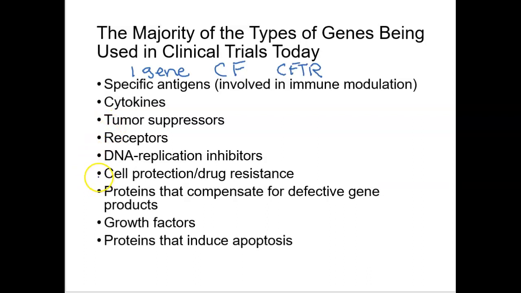You might deliver gene therapy to make drug treatment more beneficial. Fixing a defective gene, so this would be an example of cystic fibrosis, or proteins that induce apoptosis. So, for example, there's no reason that you can't use gene therapy on a cancer. So you can introduce a virus that is going to trigger apoptosis.